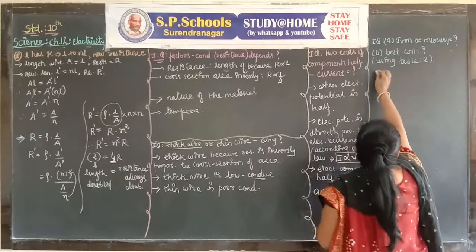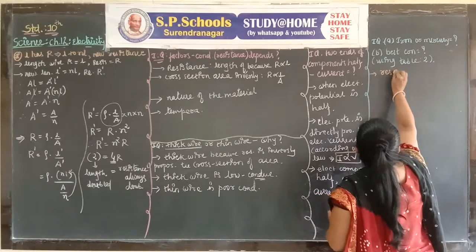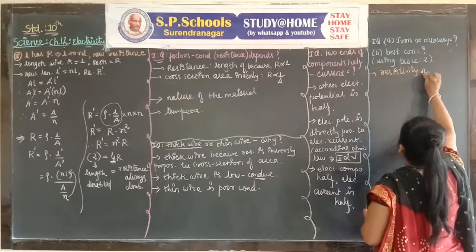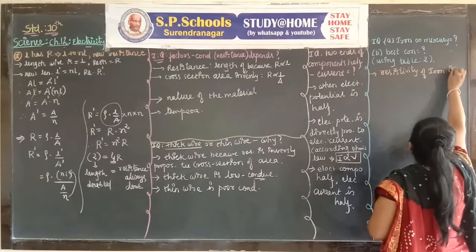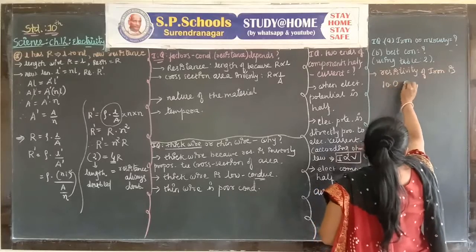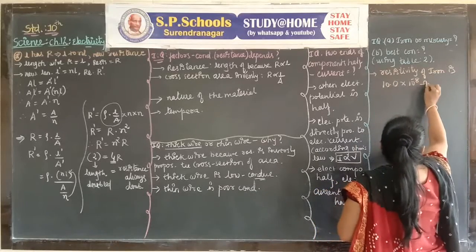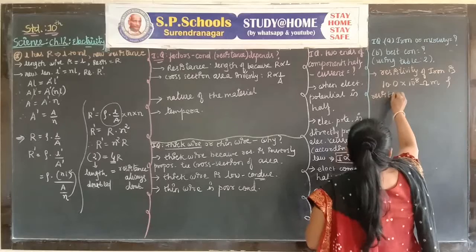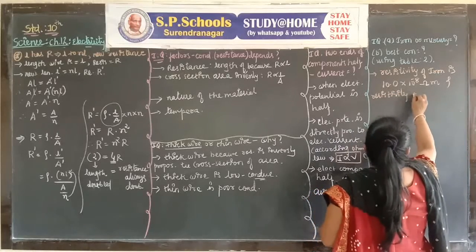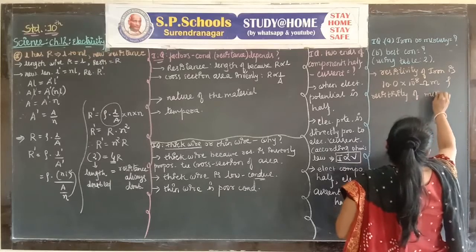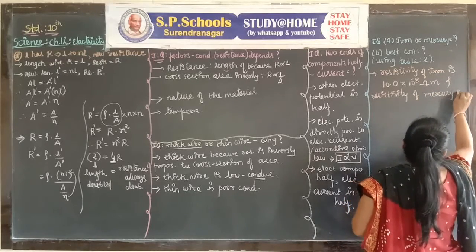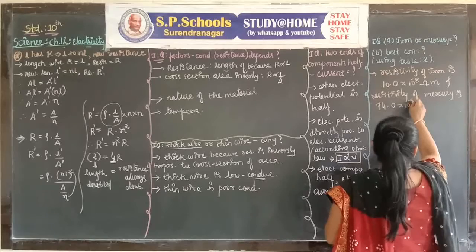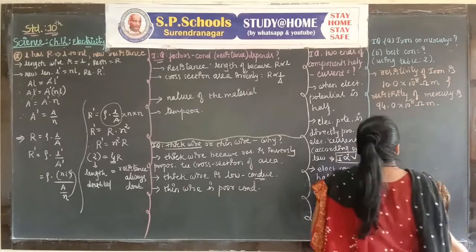Using the table, the resistivity of iron is 10.0 into 10 raised to minus 8 ohm into meter, and the resistivity of mercury is 94.0 into 10 raised to minus 8 ohm into meter.